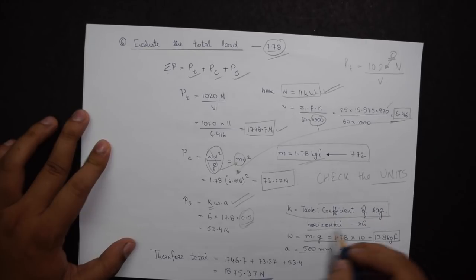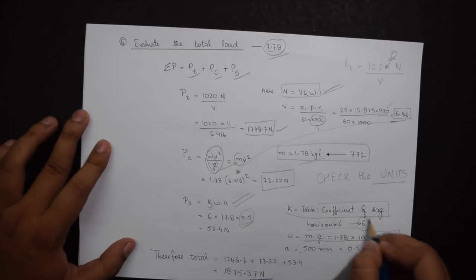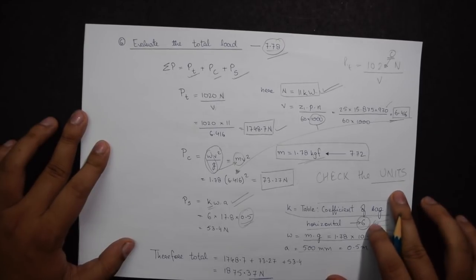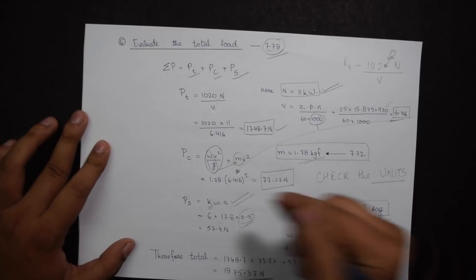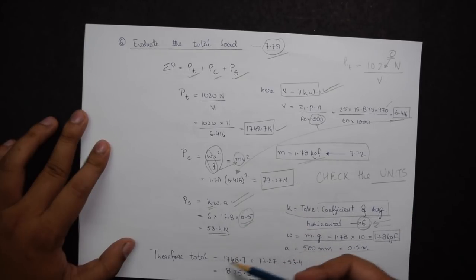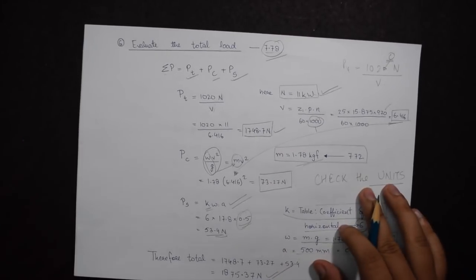We'll be choosing the horizontal coefficient because nothing is specified in the question, so always choose the horizontal chain drive. The value of k comes out to be 6. Therefore Ps is 53.4 newtons. Adding all the three, we get the summation of P as 1875.37 Newton.